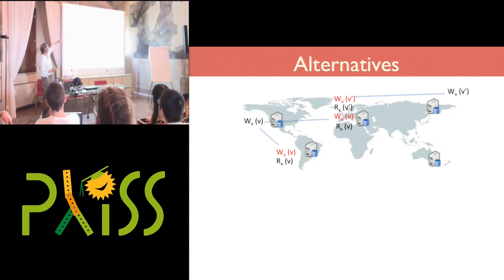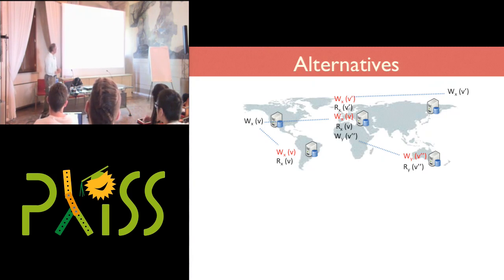Now that same write of v to x on the left might find its way to the replica in the middle, so subsequent reads will read this new value. Okay. I write another value, and again I read the same value in some other replica.